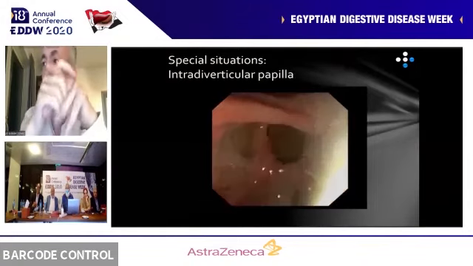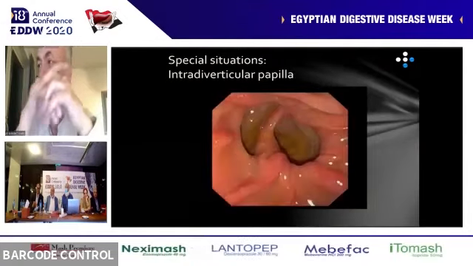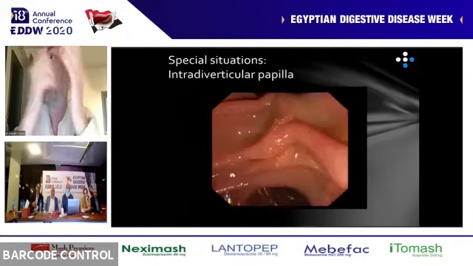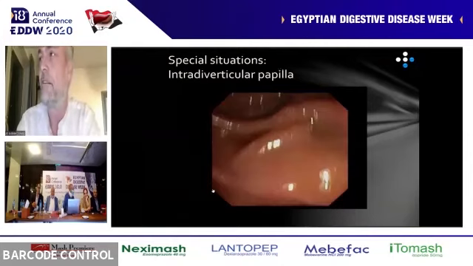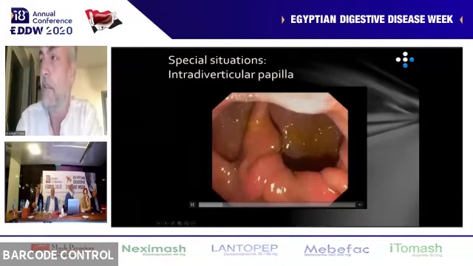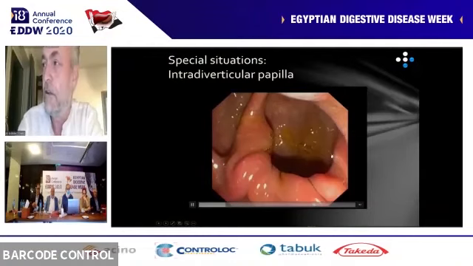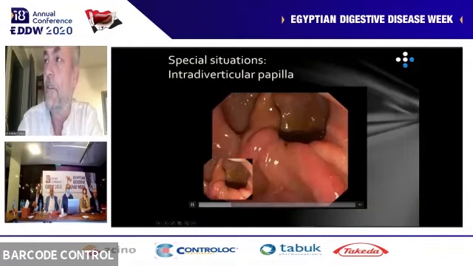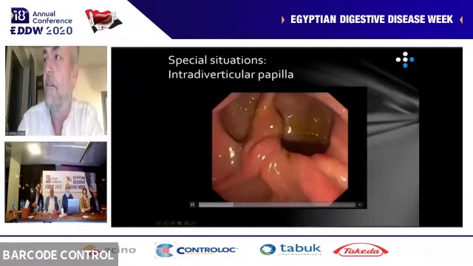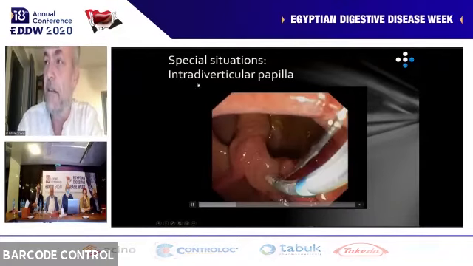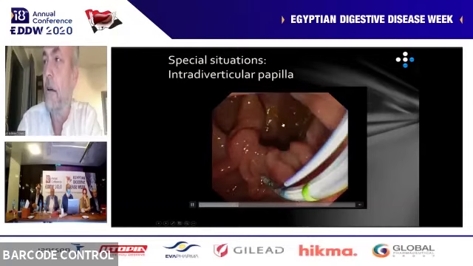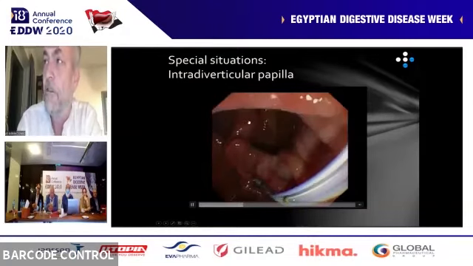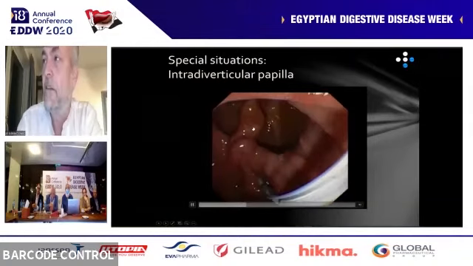And if you have this situation, then you should first look for the papilla elsewhere, because sometimes they're not in the diverticulum, you just think it is, but sometimes it is, and then it's usually at 4 o'clock, at 7 o'clock, or on some intradiverticular ridge. And in this case, we had a look inside and didn't find it anywhere, and we had some idea, because this ridge was so obvious, that maybe the bile duct was there as well.